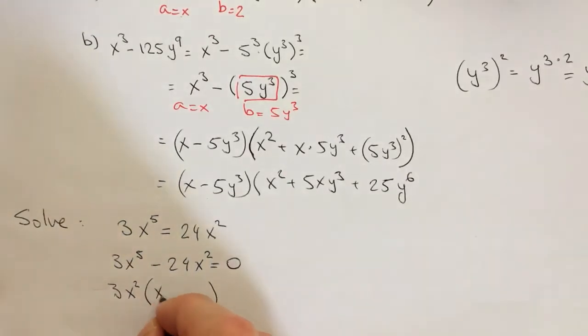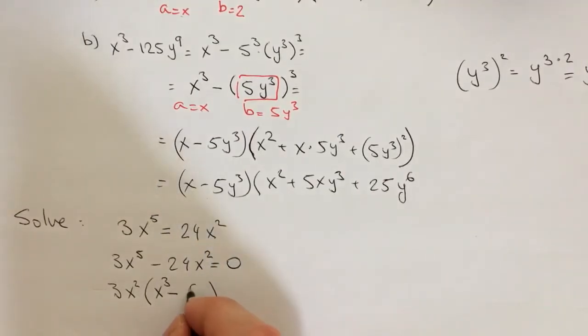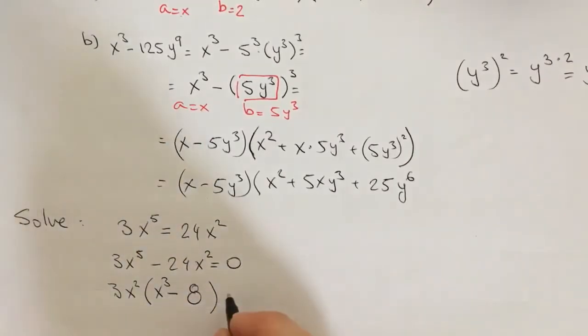Well, that's x cubed, times x to the power of 2 is x to the power of 5, minus, with what do I have to multiply 3x squared to get 24x squared? Because x squared is the same as this one, I'm not going to have a variable here, but rather I just have to multiply this by 8, because 8 times 3 is 24. So 3x squared times 8 is 24x squared. Okay, is equal to 0.